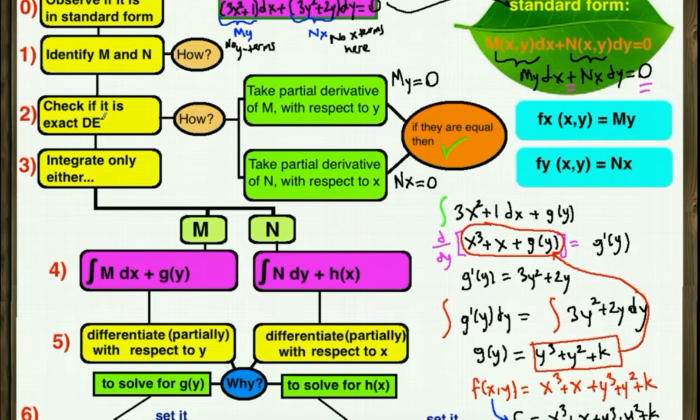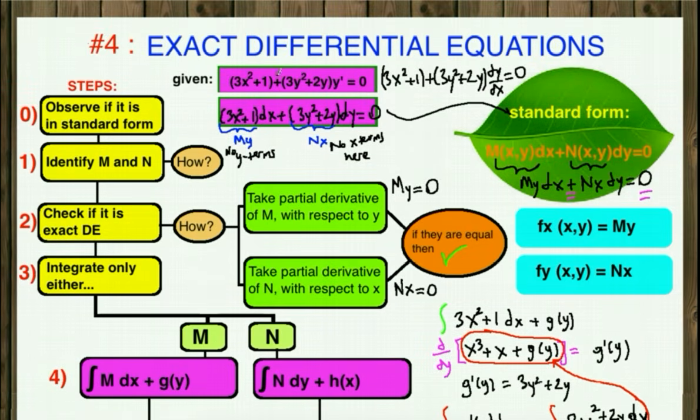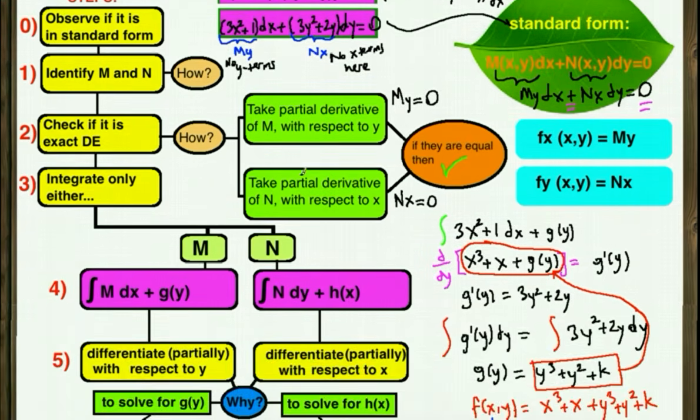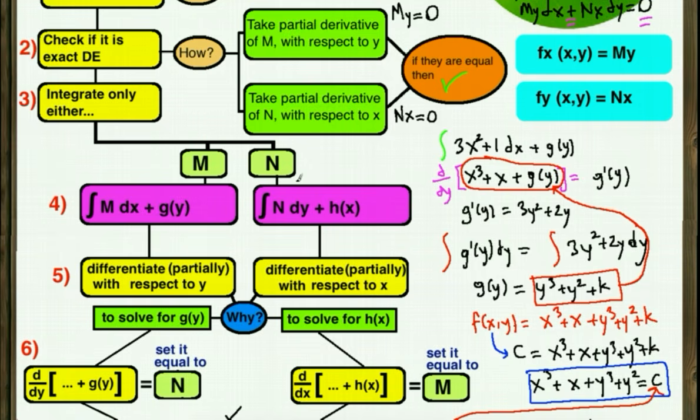Our next step is to integrate. We integrate either m part or n part, so either way is okay. Here we went through the m part. If you integrate the m part, you integrate it with respect to x and you add some function g of y. If you go this path, you integrate n with respect to dy and add h of x.